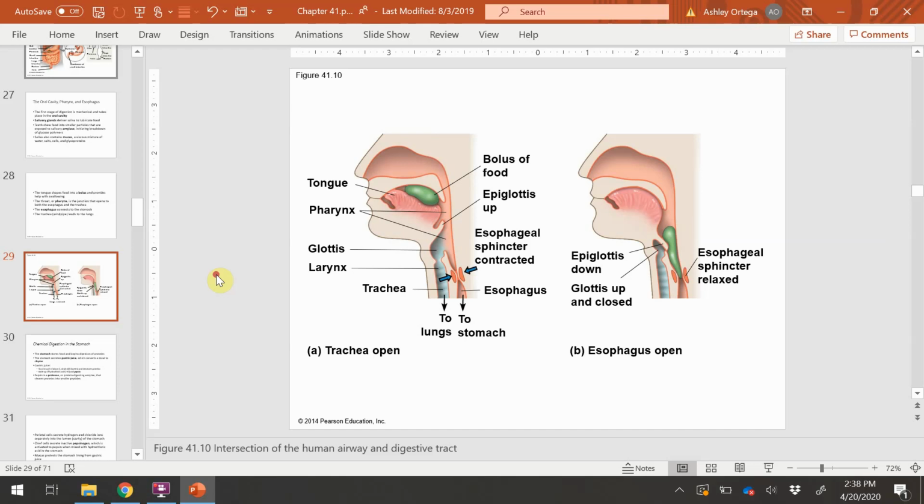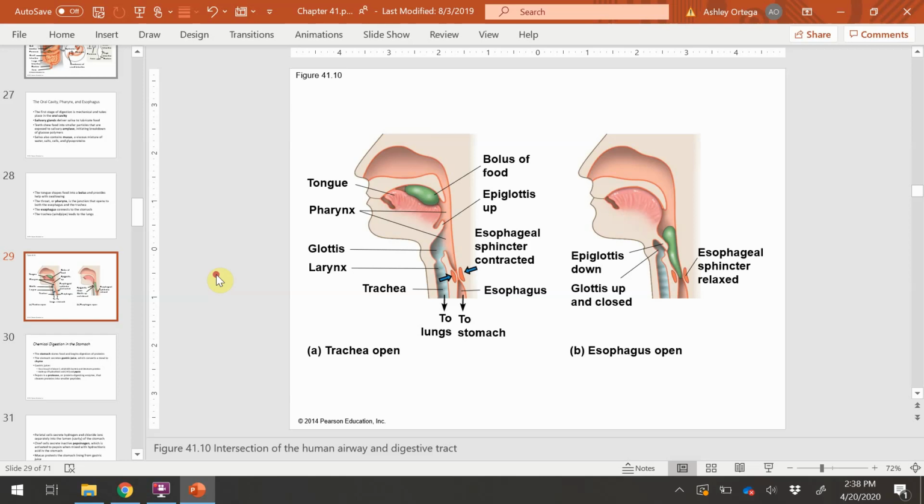And so the result is it may get stuck in the trachea where it has to be coughed back up to the pharynx region in order to go down the correct pipe, the esophagus, to the stomach.